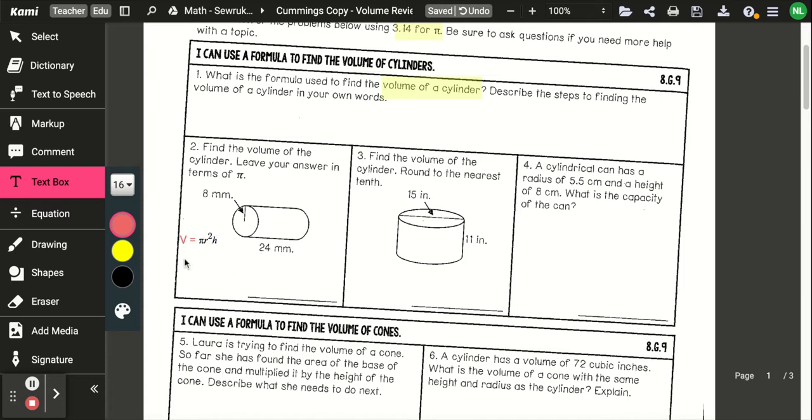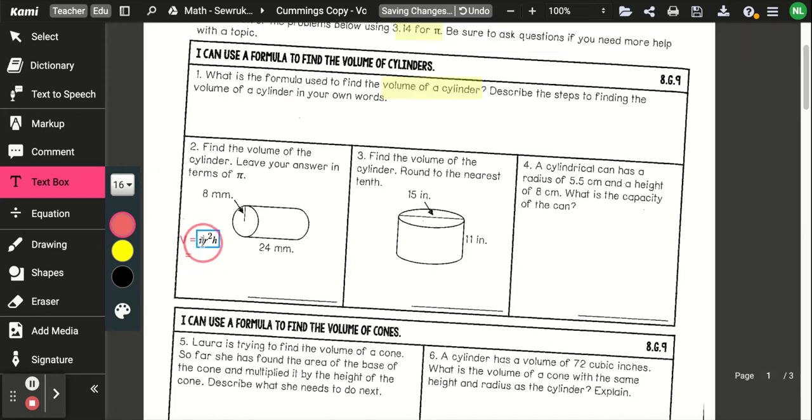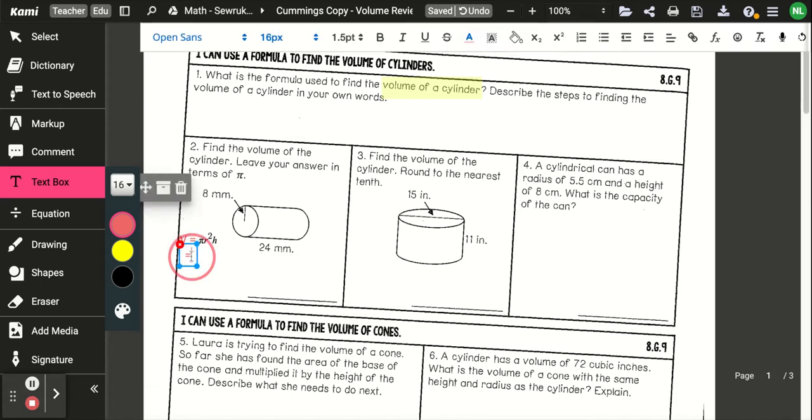So when you're writing that out, you're going to fill it in. You're going to leave pi on there. I'm just going to write the words out because I'm not going to keep clicking that. Pi, what's the radius? 8 squared, and then times the 24, which is the height.